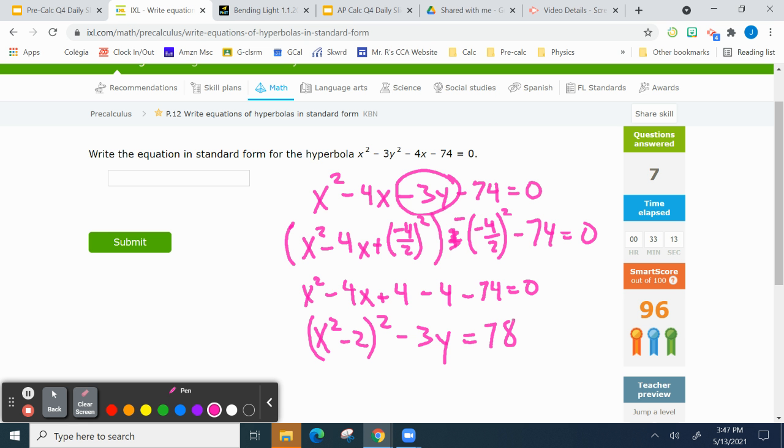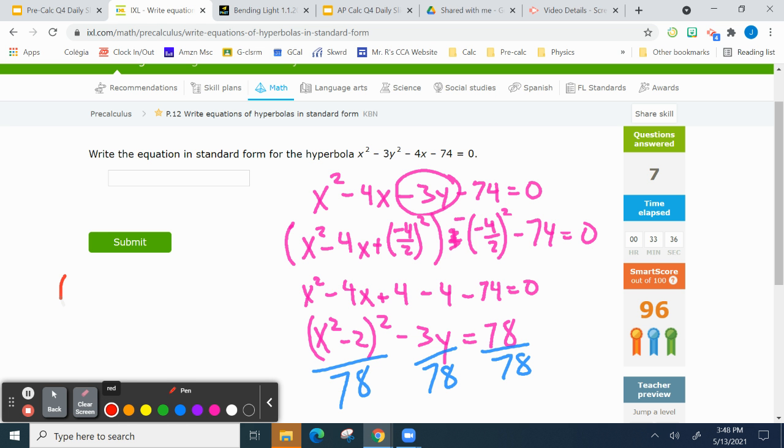And this was getting really weird. I wonder if I should go ahead and enter this. So the last thing we have to do is divide everything by 78 to get it into a form that we know and love. 78 over 78 is 1, right?